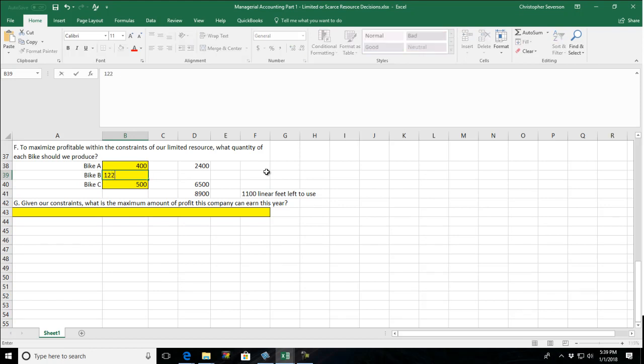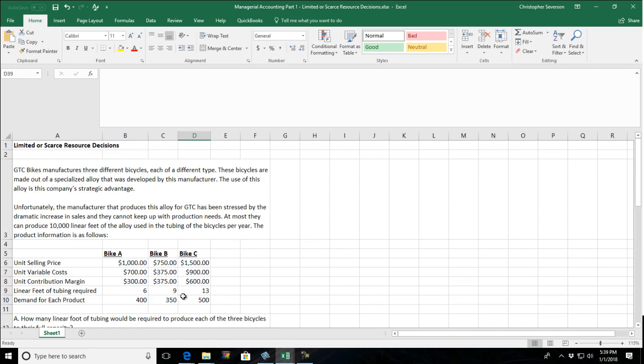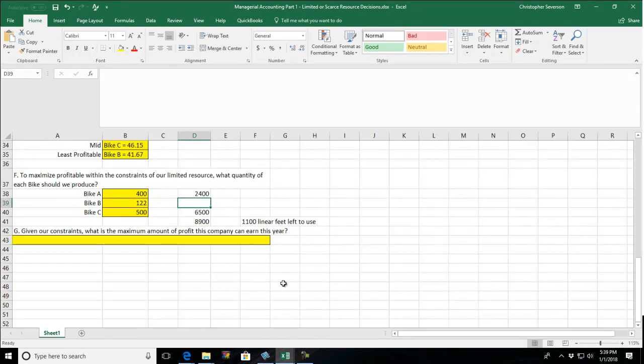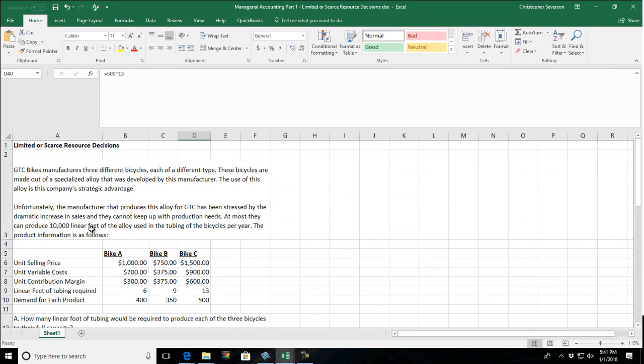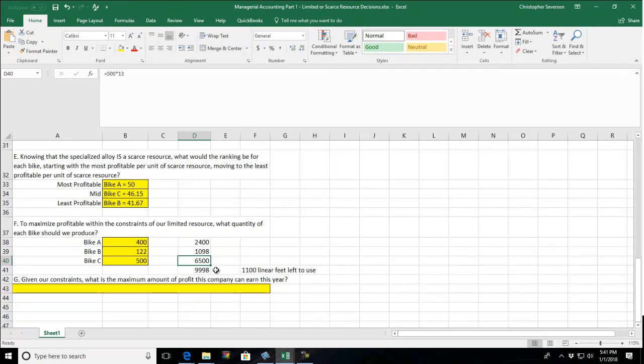So instead, we're going to produce 122 bikes, and that would give us 122 multiplied by 9. So if we do the math and check our work here, we've used up 9,998 square feet. We had 10,000 square feet to use. That just basically means we have 2 extra linear feet left of this product, which again, that's fine. It wasn't enough to make one full bike.